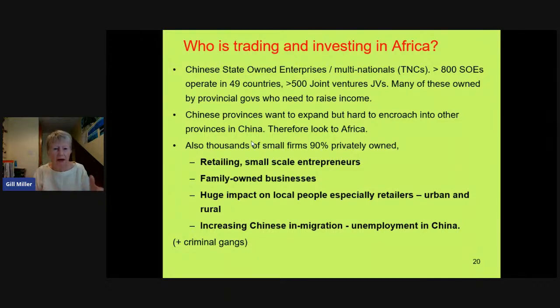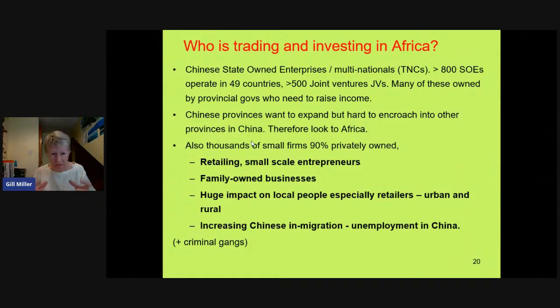So they're looking for ways of earning money, because the provinces need to earn money to pay for health and education and raising poverty in their province. And so these different firms with the same manufacturing, cars, whatever, but lots of different firms in the provinces are looking to Africa to try and develop their business.